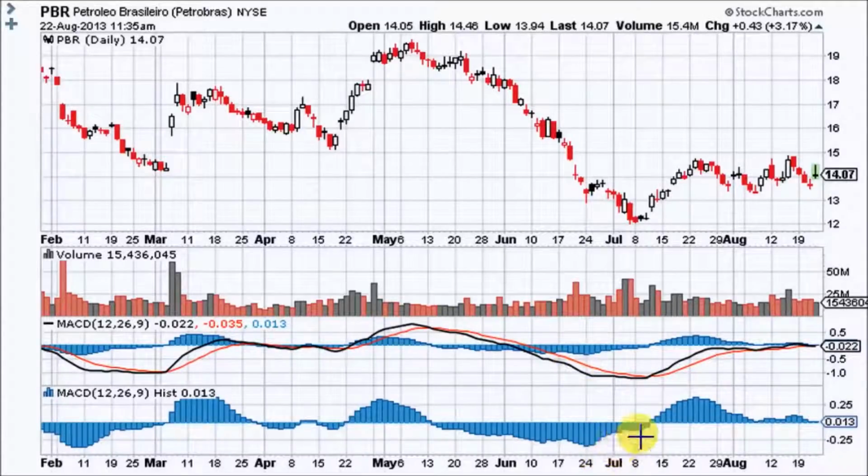It starts turning up before the MACD does. The MACD doesn't turn up until right here, yet the histogram is giving early warning, the headlights around the corner. It is foretelling that this downtrend is about over. And when it crosses up through zero, it becomes bullish again.